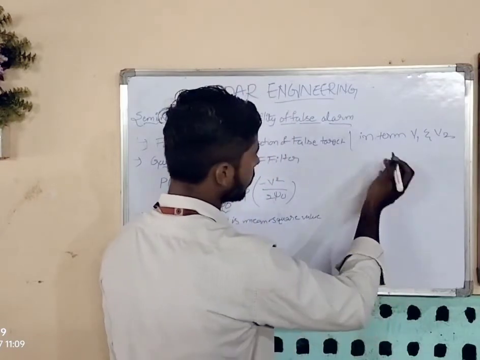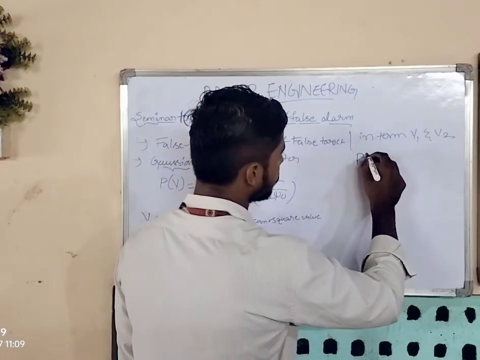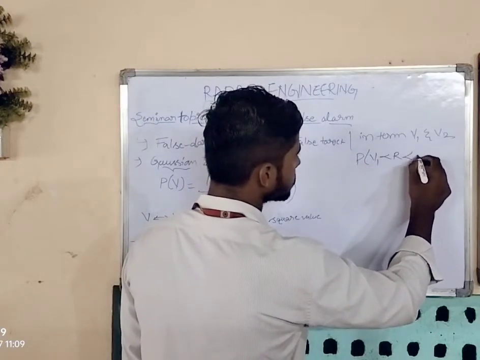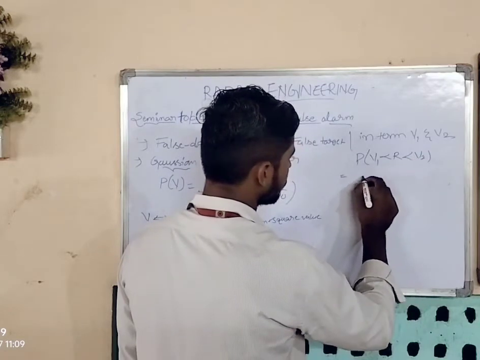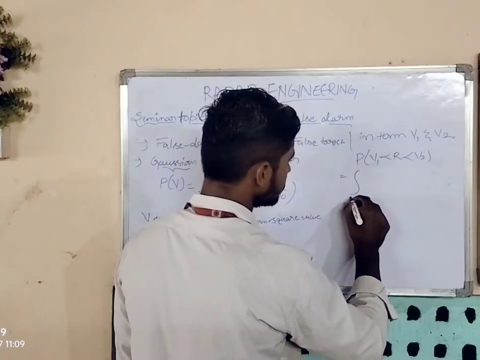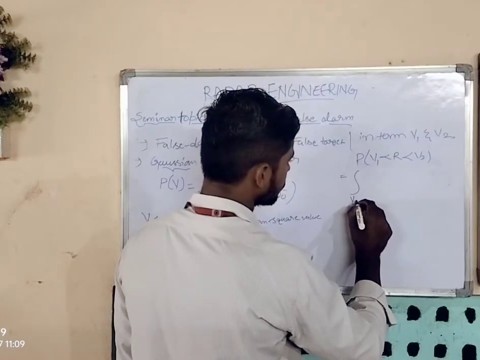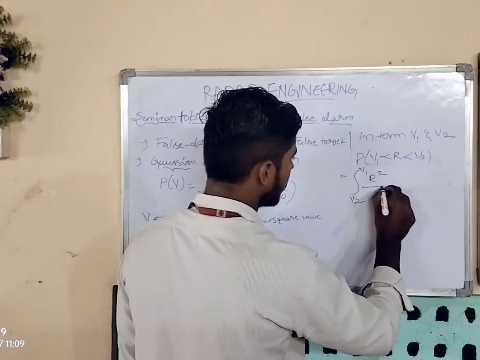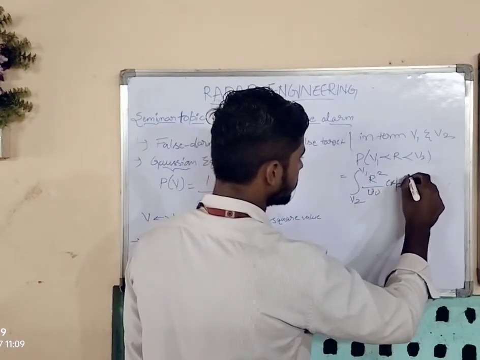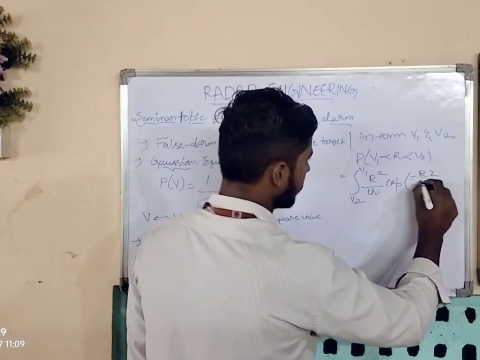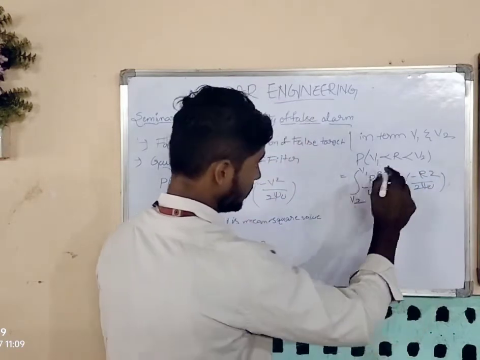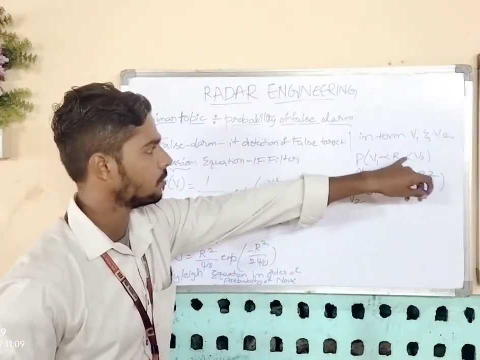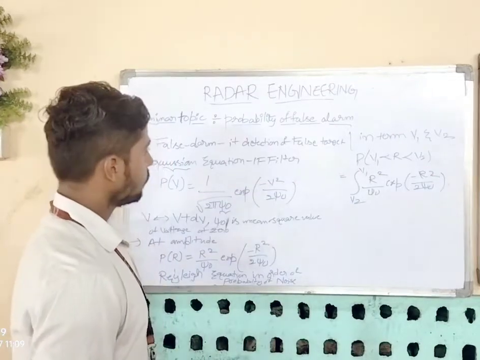The probability of noise is P of R in the range V1 to V2, which is the integral with limits V1 to V2 of R by psi naught exponential of minus R square by 2 psi naught dR.